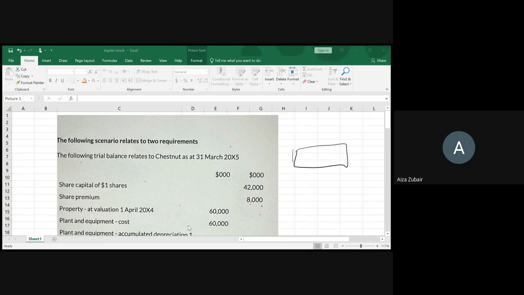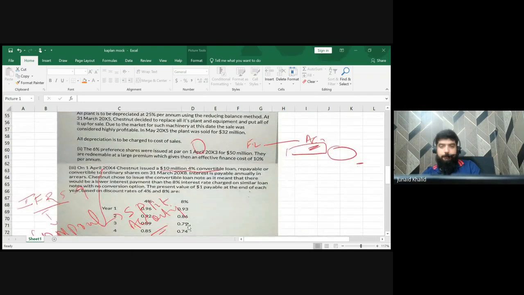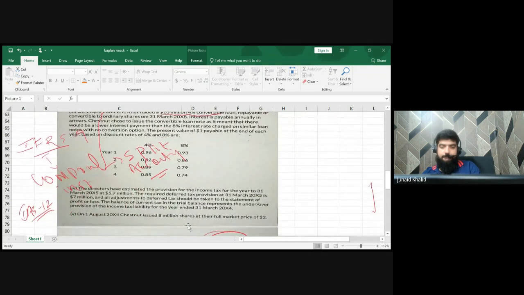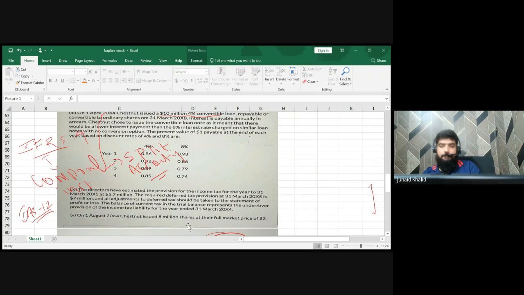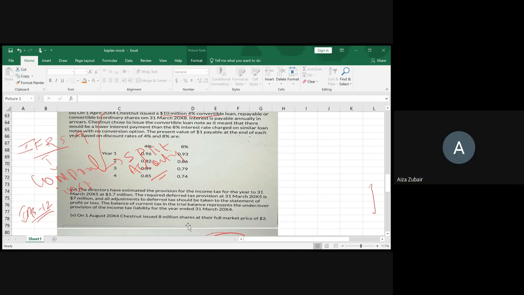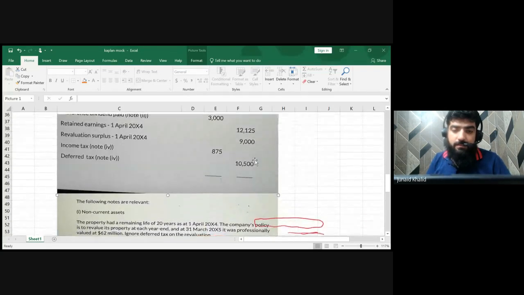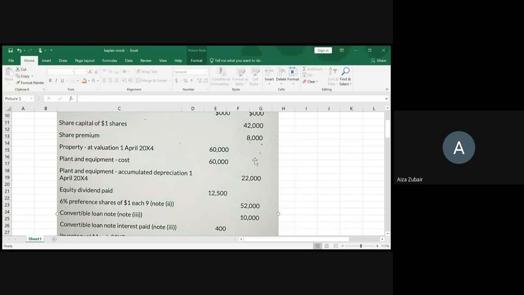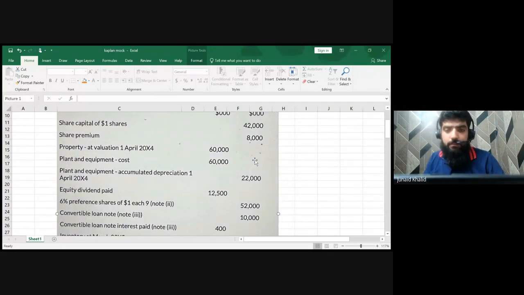I think we did calculate share capital. Share capital is already given in the trial balance: 42,000. Is there any adjustment related to share capital?